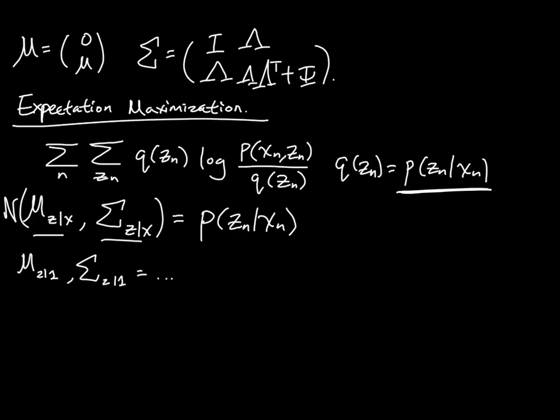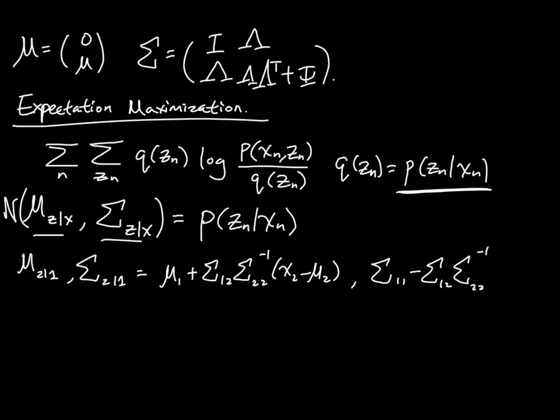Refer to that, and what we get is this expression: mu 1 given 2 is equal to mu1 plus sigma 1 2 sigma 2 2 inverse (x2 minus mu2), and sigma is equal to sigma 1 1 minus sigma 1 2 sigma 2 2 inverse sigma 2 1.